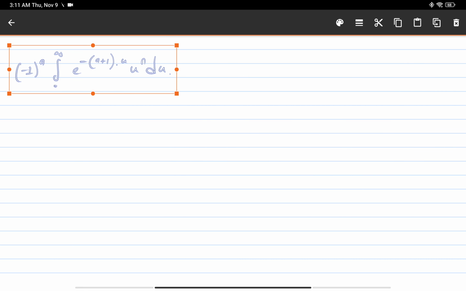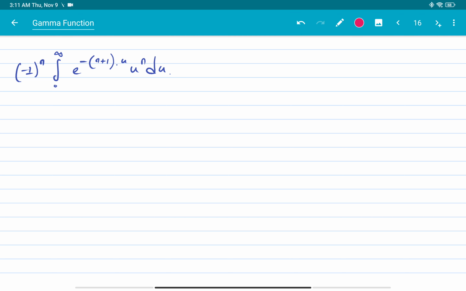Yes, so this integral can be written in this way. Okay, so minus 1 to the power n integral 0 to infinity e to the power minus t, t over n plus 1 to the power n, and 1 over n plus 1 dt.